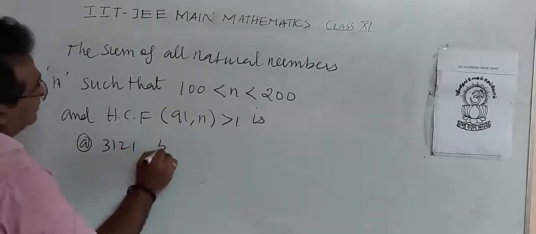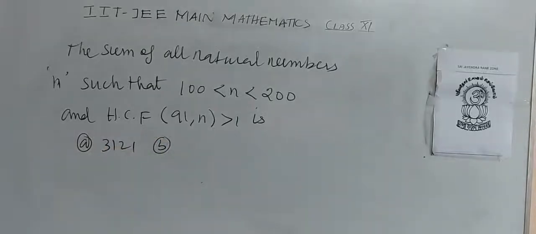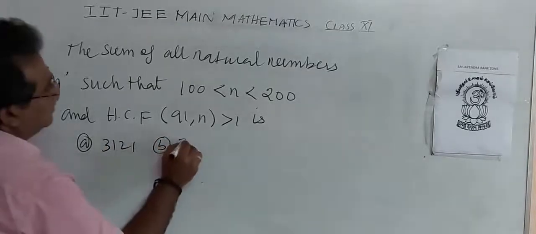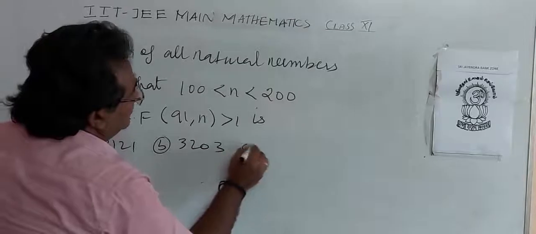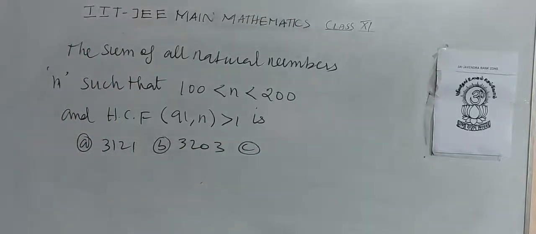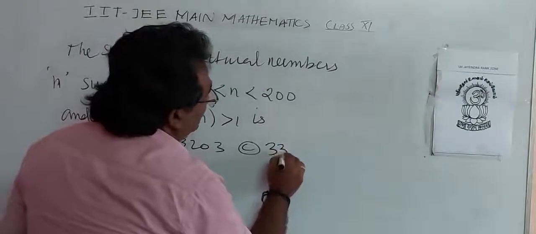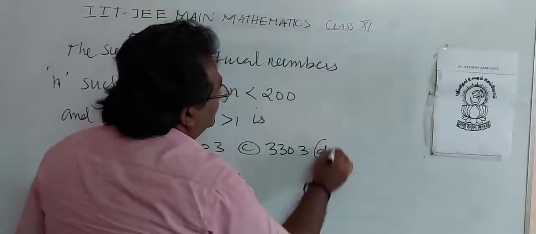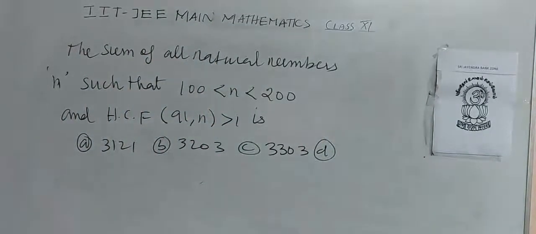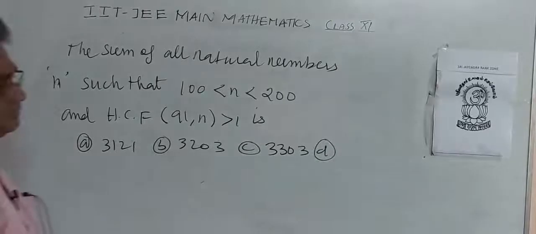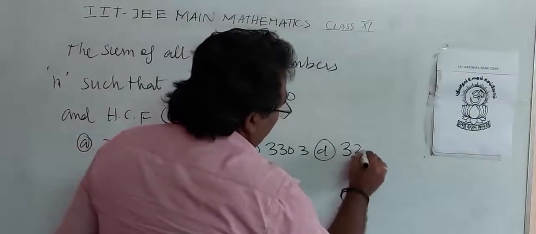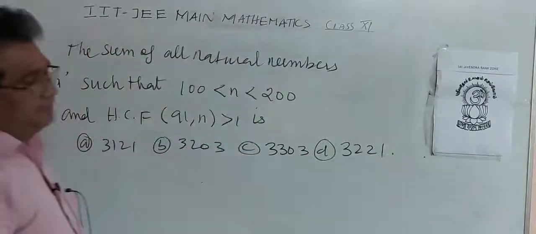Option A, 3121. Option B, 3203. Option C, 3303. Option D, 3221.